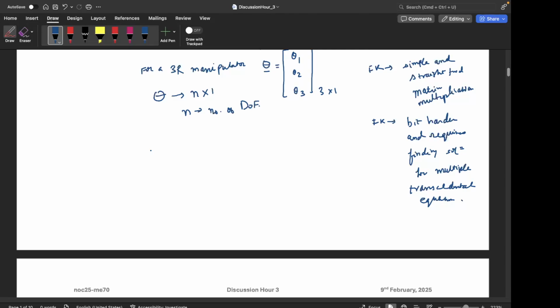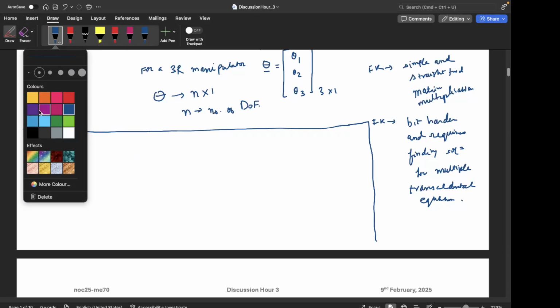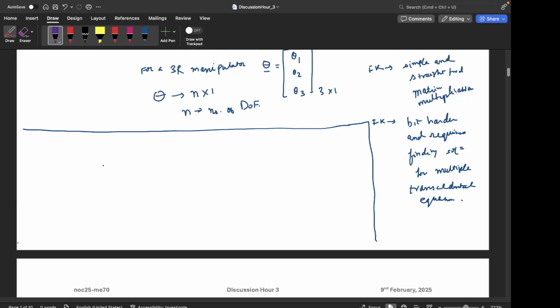So let me draw the setting in which we will work for this session. This is frame 0.